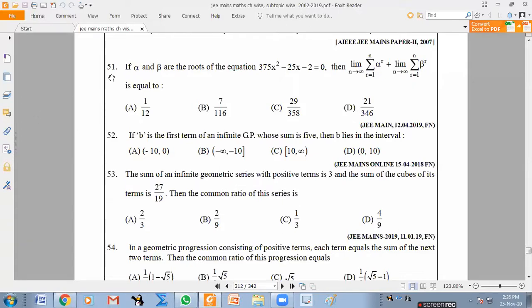Is it possible to find alpha and beta separately in 51? No, sir, not required. We'll get the sum of the roots and the product of the roots.